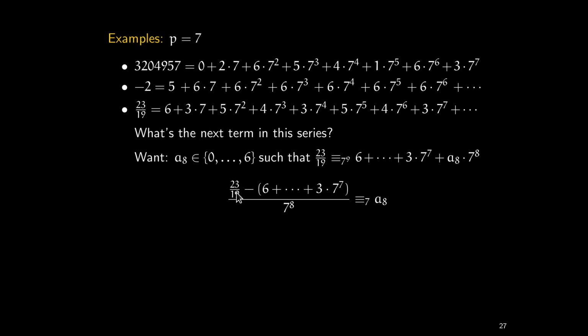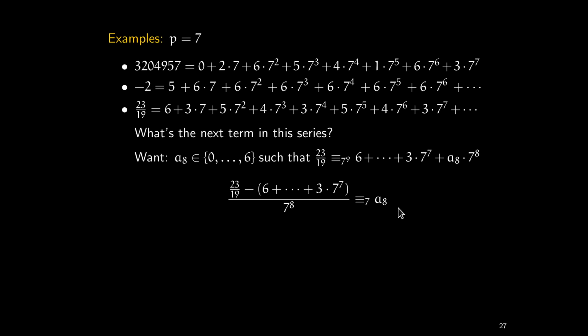So that means if I have here this difference, then this is something which modulo 7 to the 8 is equal to 0. So if I divide here by the 7 to the 8, then I'm also cancelling the 7 to the 8 from the 7 to the 9, and what remains is just a 7.